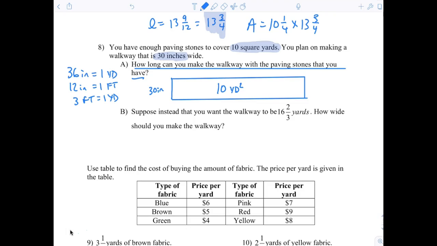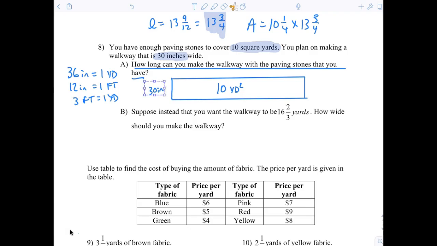If that's going to be 30 inches, we already talked about the fact that I need to convert that to yards. So is it more than 1 yard or less than 1 yard? Less than 1 yard. So what fraction of a yard is it? How many inches is it right now? 30, right?